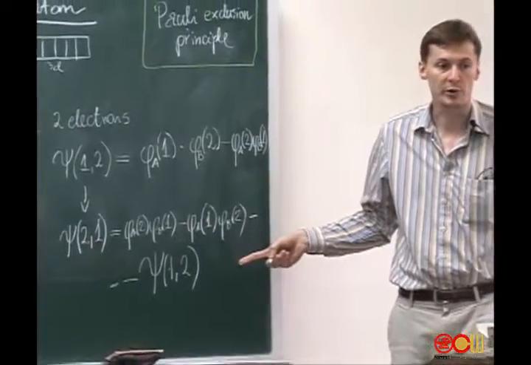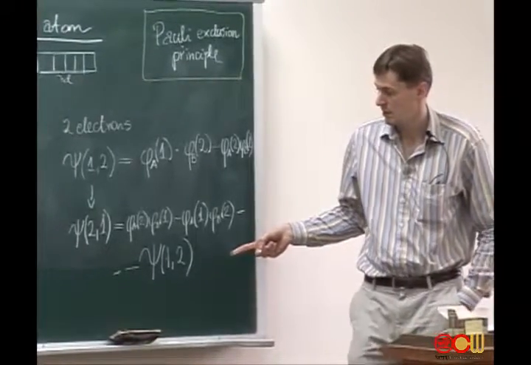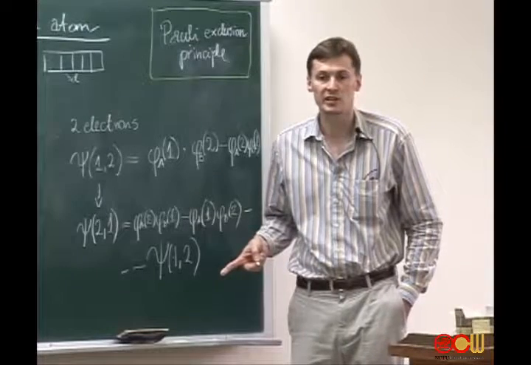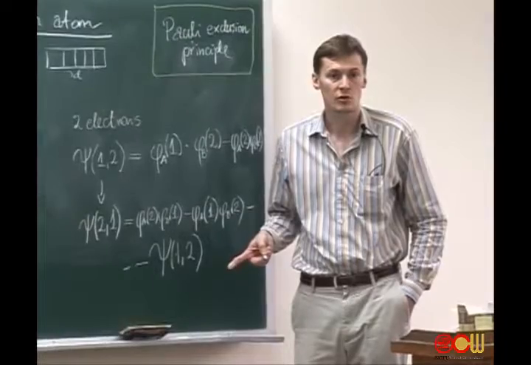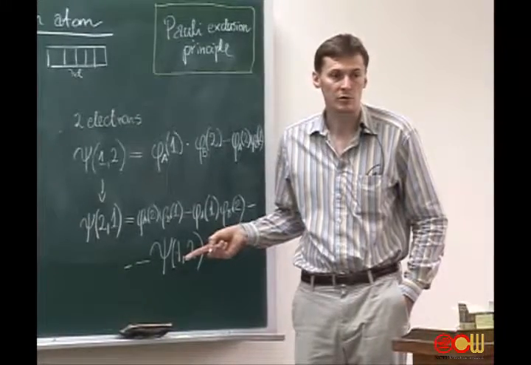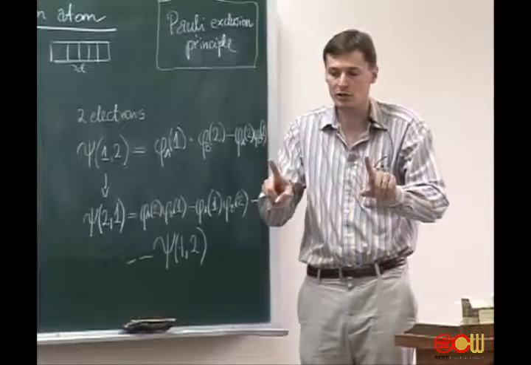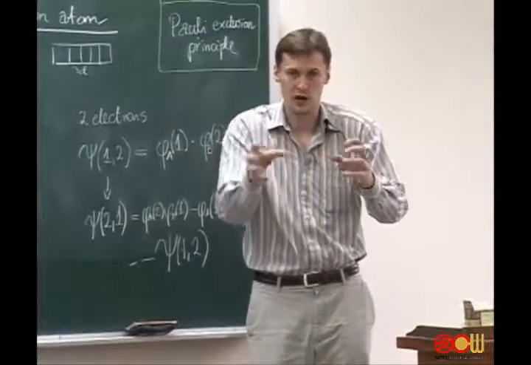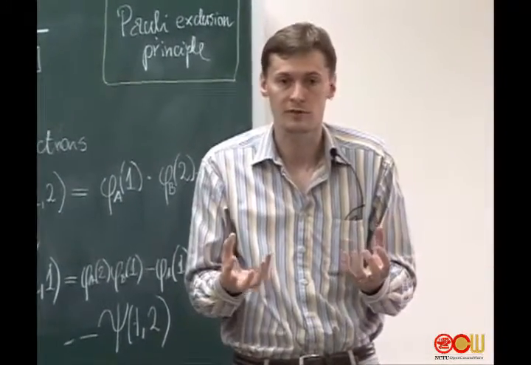This is a very important part, because it says if I have a wave function that describes 2 fermions, and electrons are fermions. If I replace the fermions, now the fermions are the same. If you have 1 electron and second electron, and I tell you to close your eyes, you close your eyes, I change or I don't change, and you open your eyes, you don't know if they were changed or not.